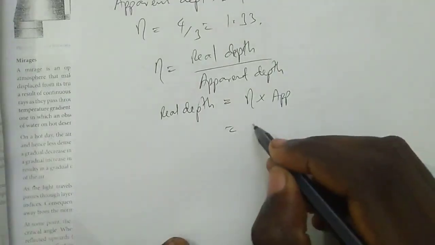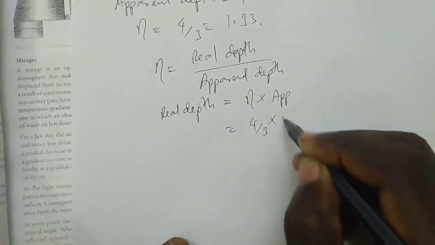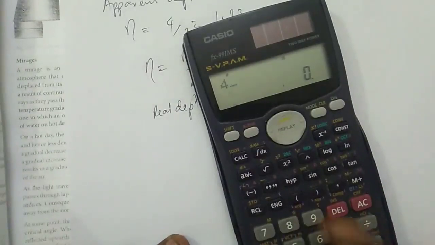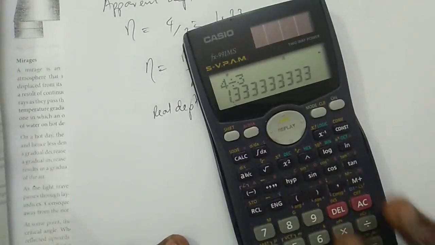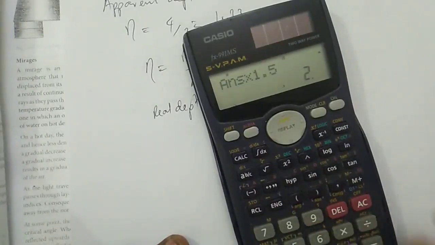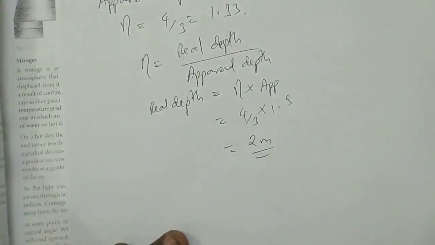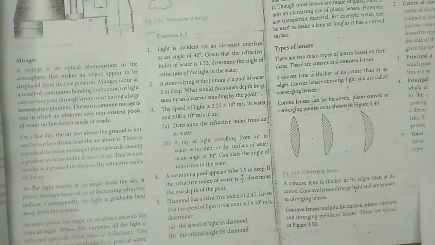That is to say refractive index 4/3 mara 1.5, we will get 4 divided by 3 times 1.5, unaona, we will get 2. So the real depth is 2 meters. The real depth of the pool is 2 meters.